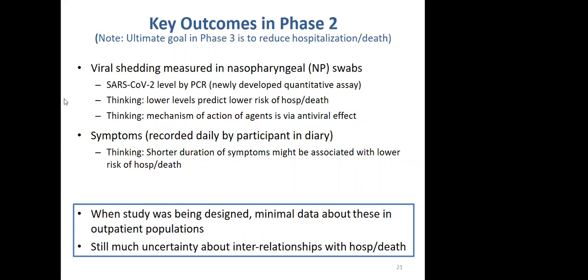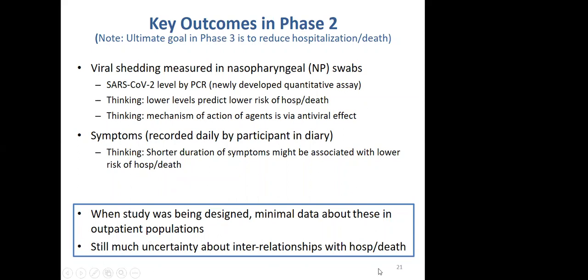And then also in phase 2, as a key clinical outcome, and this was based upon what was done in influenza trials, we looked at daily symptoms recorded by a participant in a diary each day. The thinking here was that people who might have shorter duration of symptoms might be at lower risk of hospitalization or death. As I mentioned, there really is, or was, extremely limited data about these types of measures in the population we were focused on.